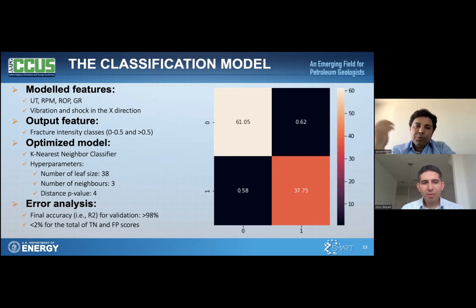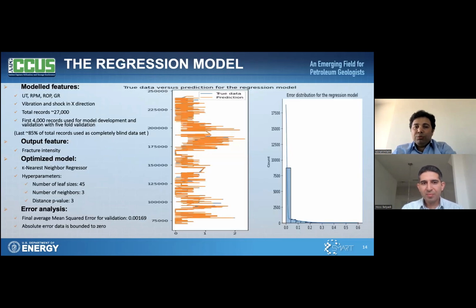So we used that for this study as the ground truth. And when we saw that the model was working fine with the classification, we moved to the regression. We said, okay, we know this physics can be captured with machine learning. Let's see if we can predict the whole fracture intensity log of the well.